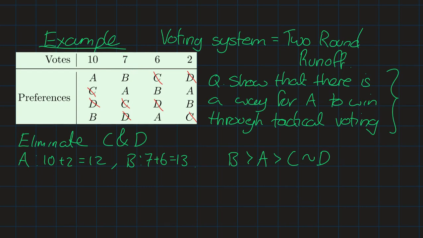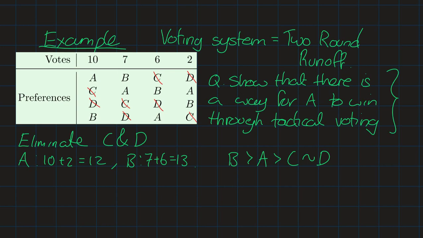I'm going to try the pushover method. The idea is that if everyone votes sincerely, then A and B go up against each other in the final round and B beats A. So maybe it would be more beneficial for A if something happened to B which stopped B from getting to the final round.